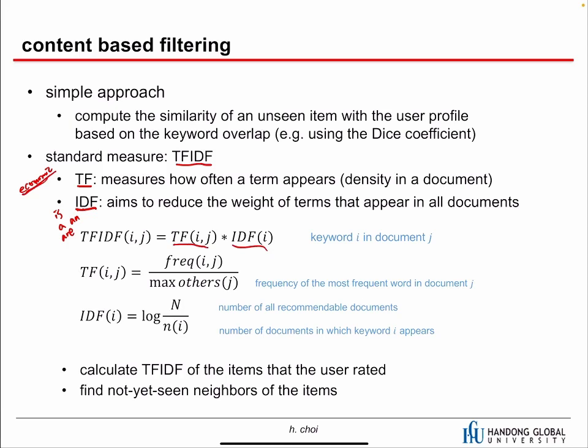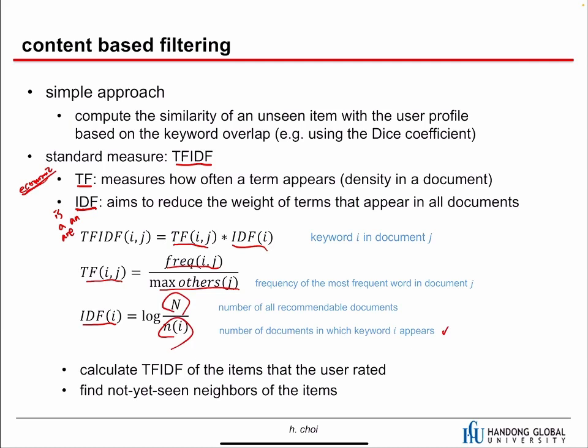When we calculate TF, we get the frequency and we normalize this frequency with the max. And when we calculate the IDF, this one is the number of all the recommendable documents, and this one is the number of documents in which keyword i appears.